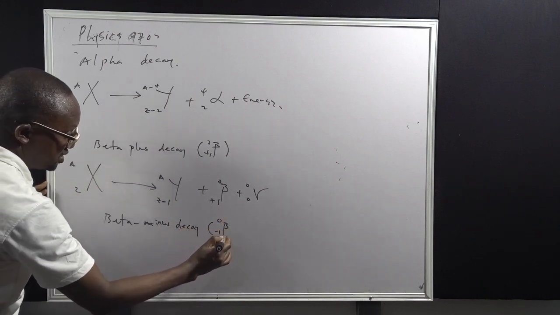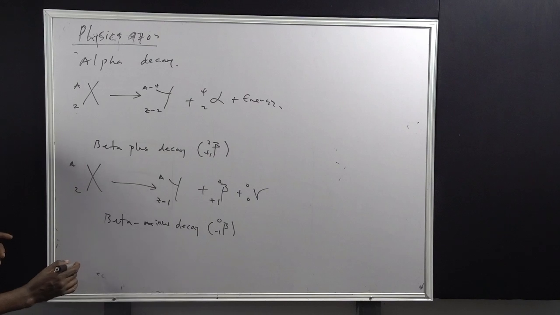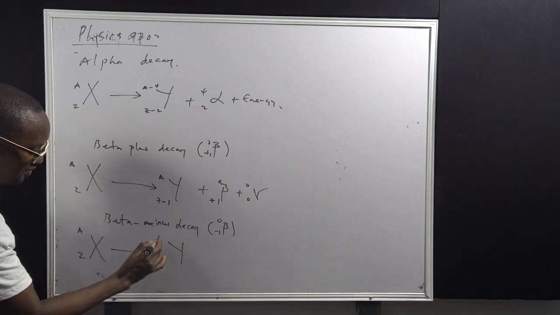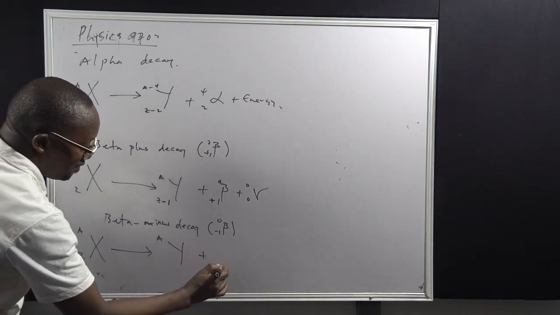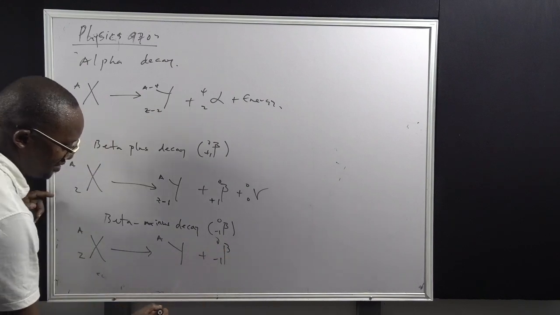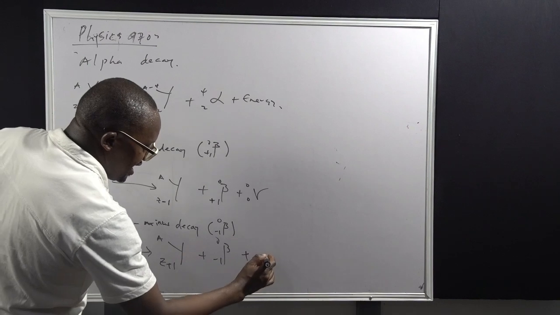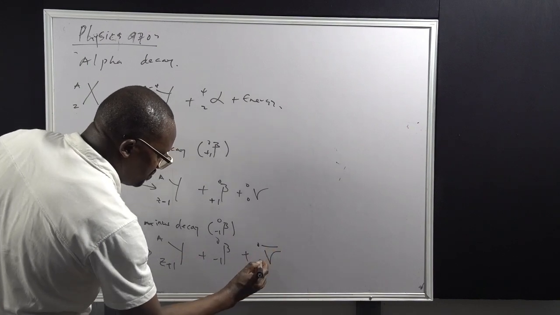So if a parent nucleus A Z undergoes a decay to form a daughter nucleus and it emits a beta minus, the proton number will increase by 1, then an antineutrino will also be produced.